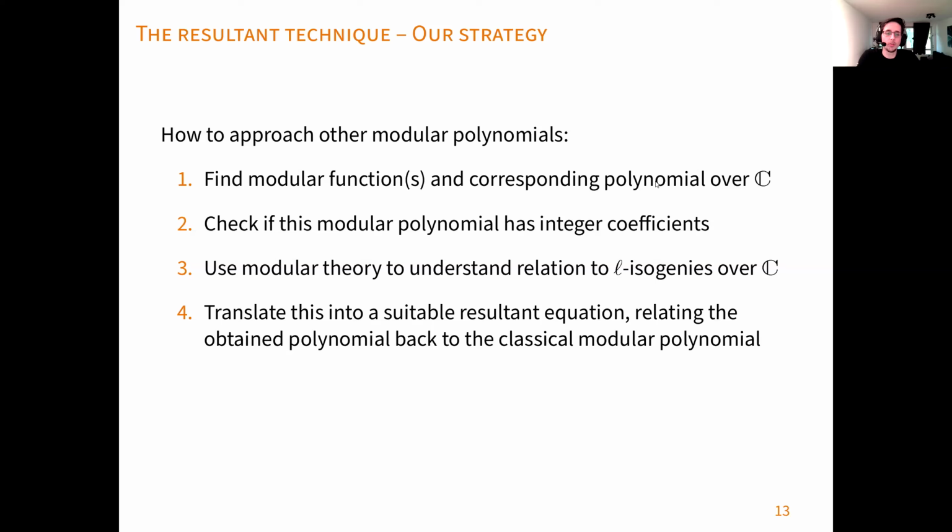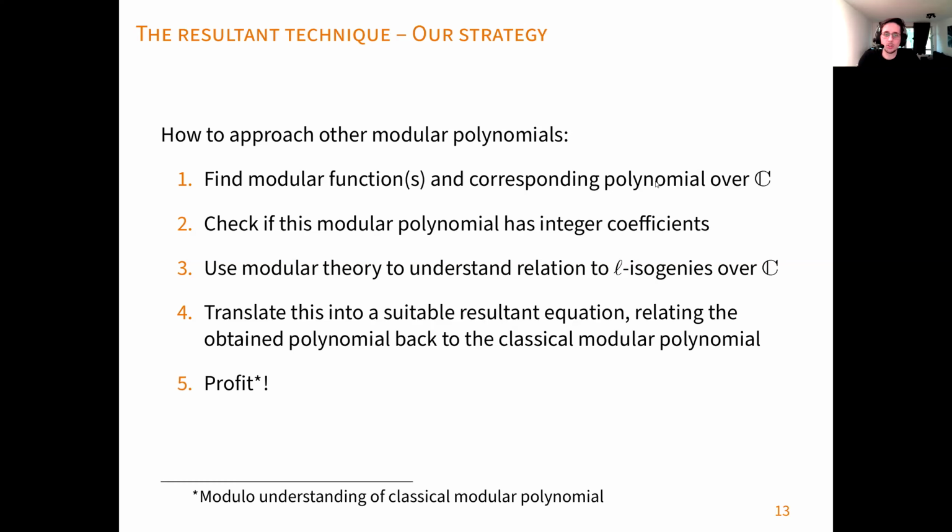So we want to reformulate this relation of l-isogenies into such an equation, and somehow on the other side of that equation, we want to see the classical modular polynomial. And once we have achieved this, we can just profit from our resultant theorem, of course, modulo this understanding of the classical modular polynomial that I gave as a base point.